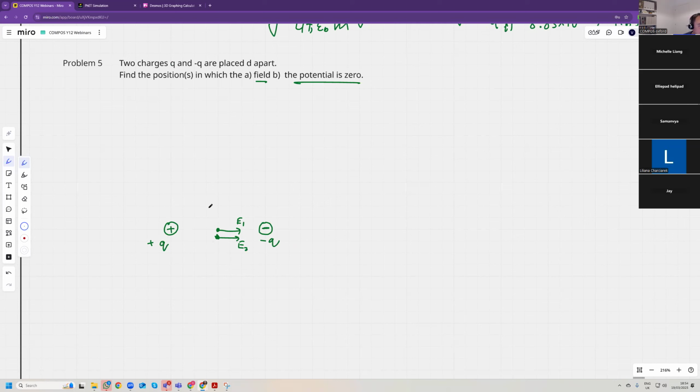So at the midpoint, field is not 0. It's actually E1 plus E2. They add up. They produce a large field in the center.